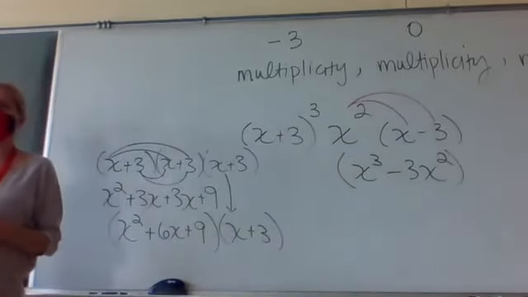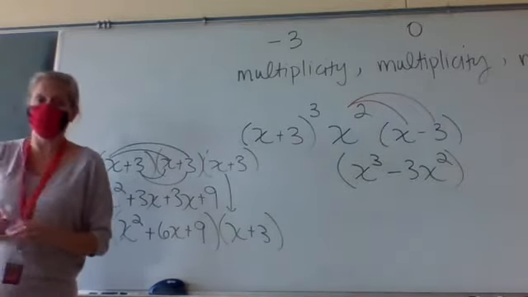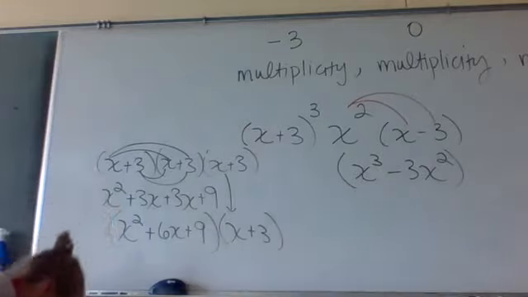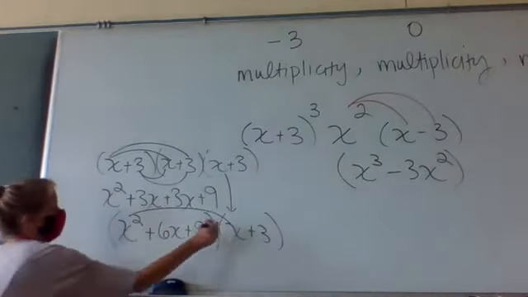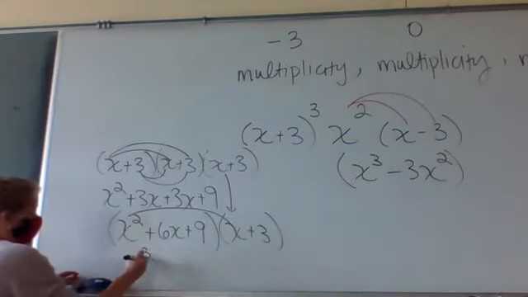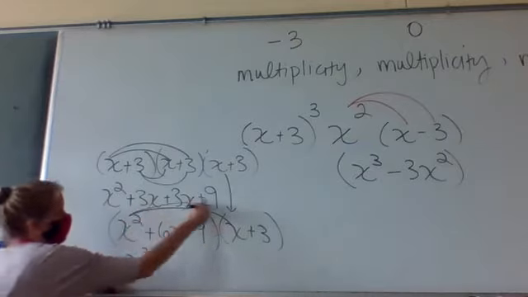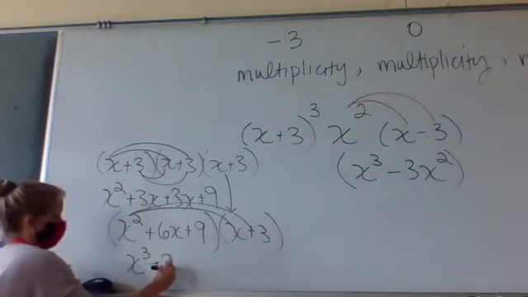So keeping it organized and neat is going to be a big plus on this kind of problem. So let's see, when I multiply this together, x squared times x gives me x to the third. X squared times 3 gives me 3x squared.